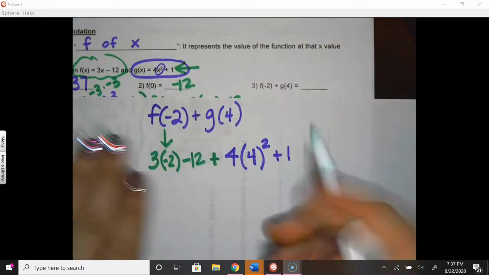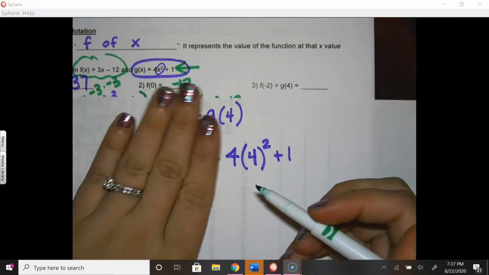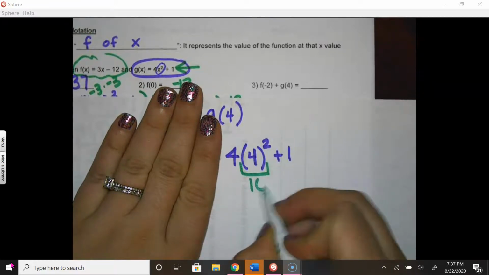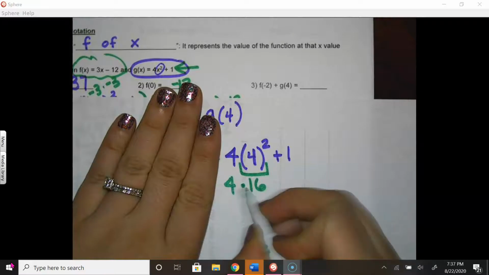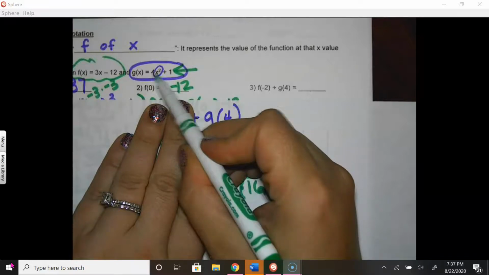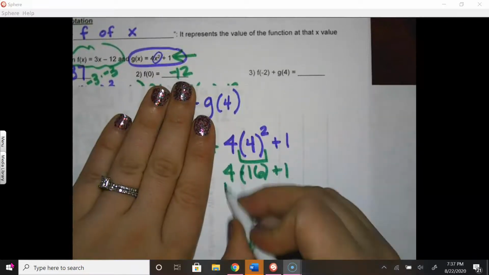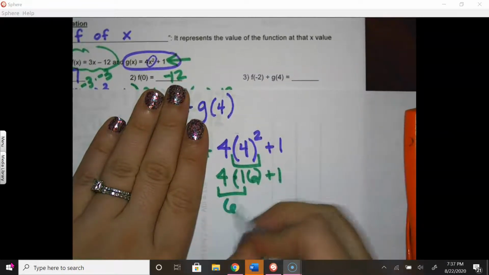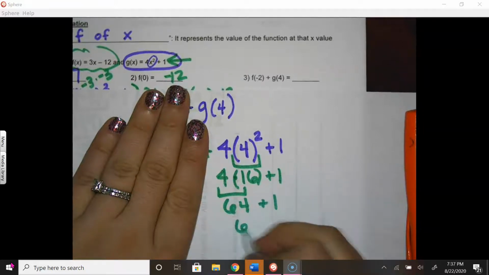So I'm going to go ahead and start with function g. We're going to do exponents first. So 4 squared is 16. And I could put the dot, or I could put parentheses for times, because that's what it means when you have a 4 next to an x: multiply. Then 4 times 16 is 64, plus 1 is 65.